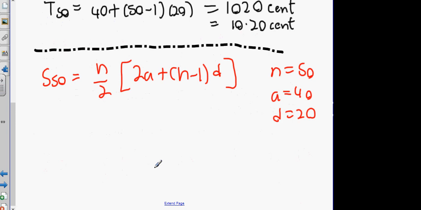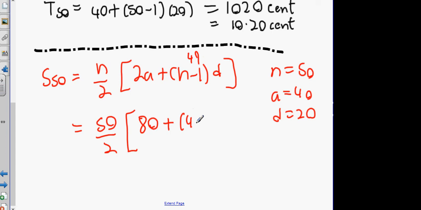So we just plug in all our numbers. So 50 over 2, brackets, 2 times 40 is 80. n minus 1 times d, n is 50, minus 1, you get 49. So it's 49 multiplied by d, d is 20.